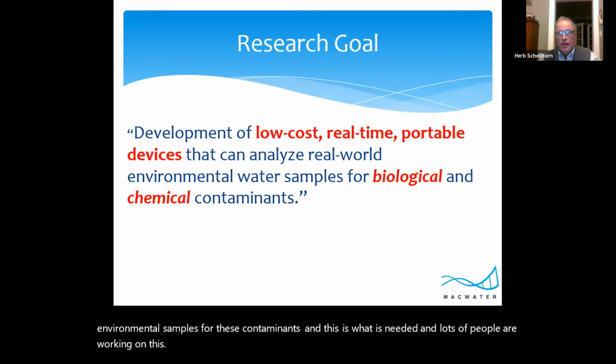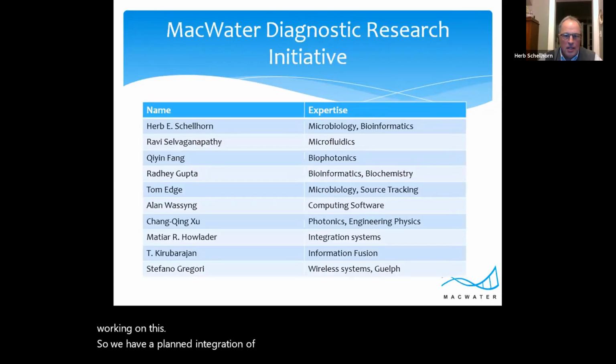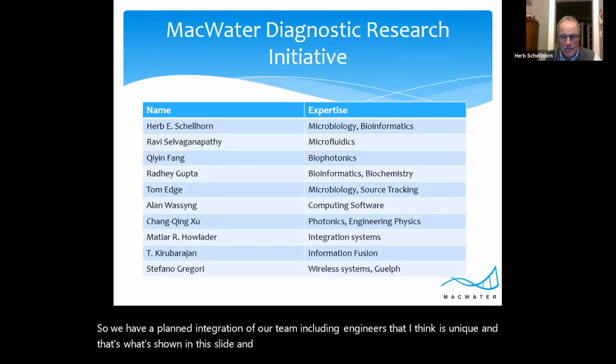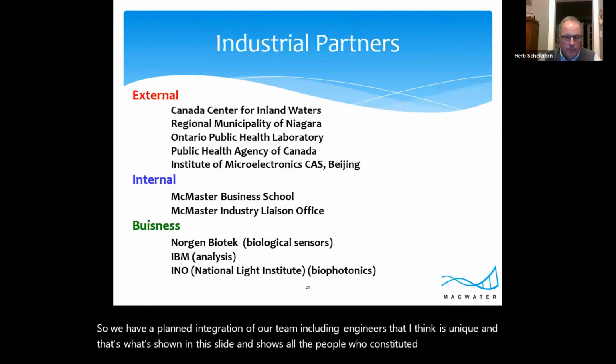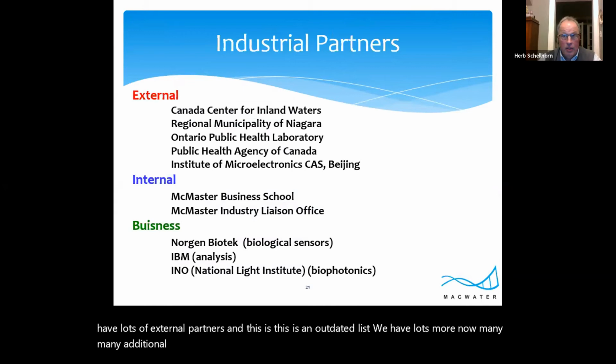We have a planned integration of our team, including engineers, that I think is unique, and that's what's shown in this slide, with all the people who constituted our original team. We have lots of external partners, and this is an outdated list. We have many additional companies now, because companies call me asking us to work on problems.